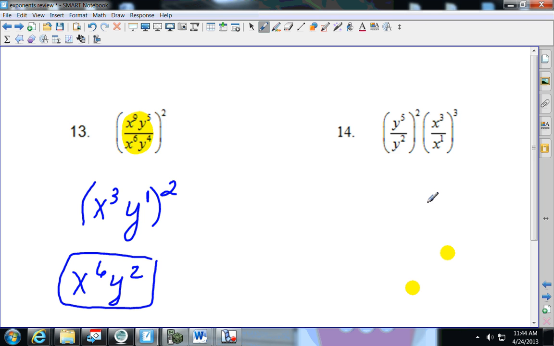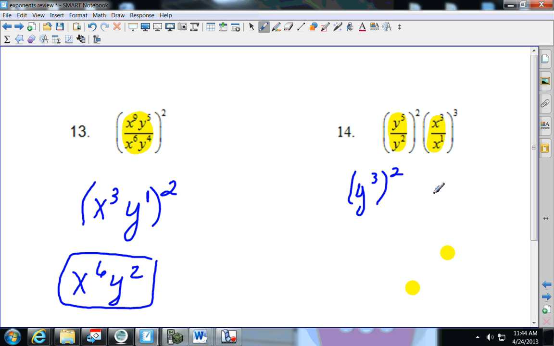On number 14, we've got to do all those rules together. So the first thing I'm going to do is what's inside these parentheses first. So I have 5 minus 2, so I get y to the third power, all to the second power. This one here, 3 minus, is that a 1?